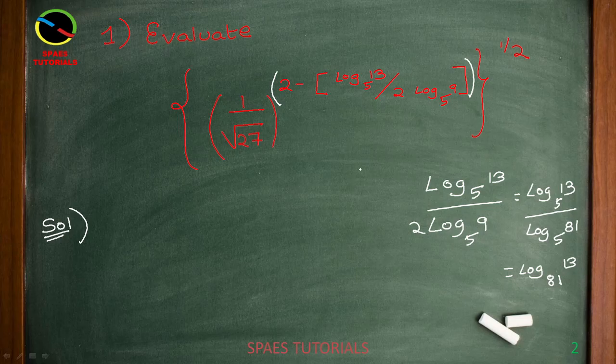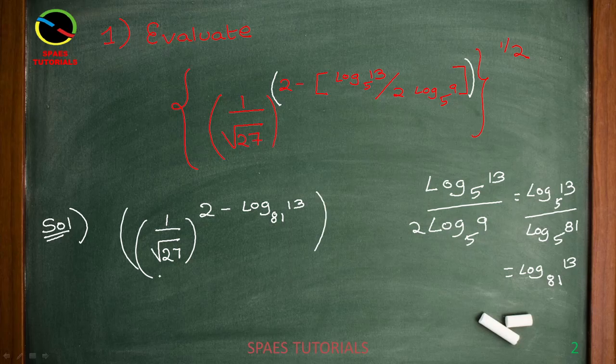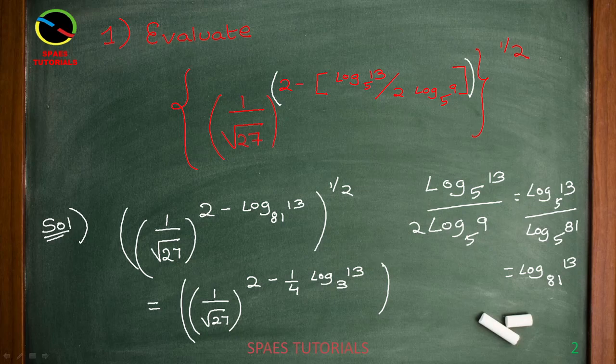Now let's write log 13 base 81 over here: 1 by root 27 power 2 minus log 13 base 81, whole power half. Now 81 can be written as 3 power 4, so I can write it as 1 by 4 log 13 base 3, whole power half.